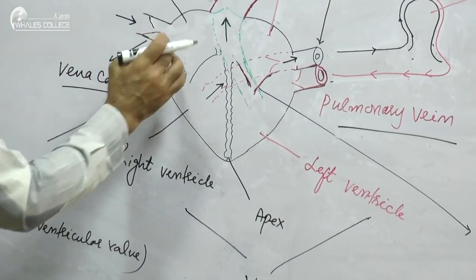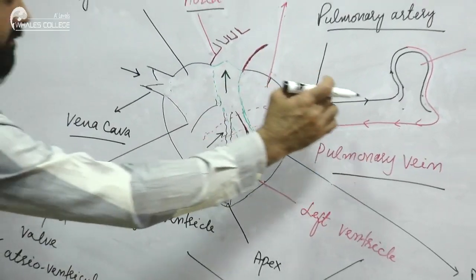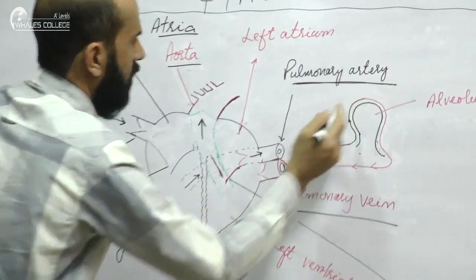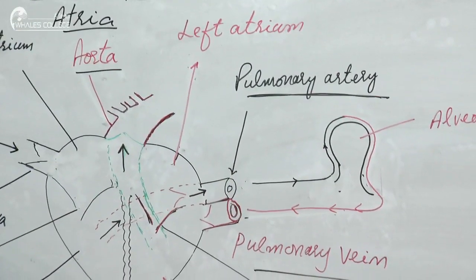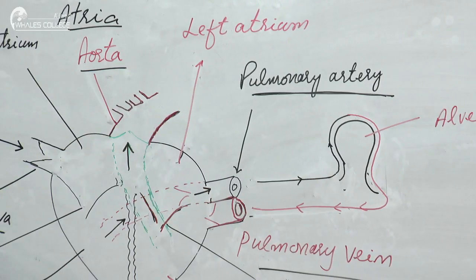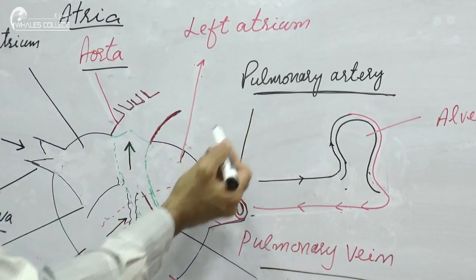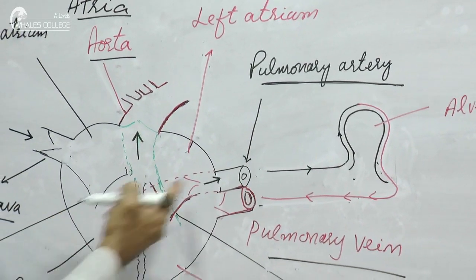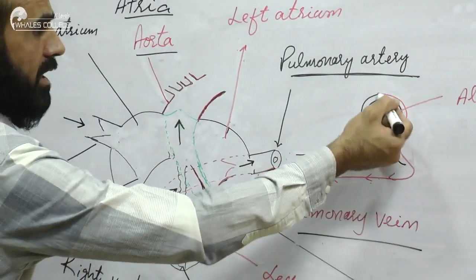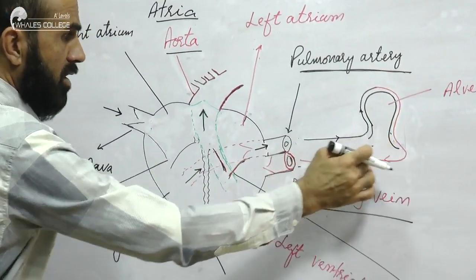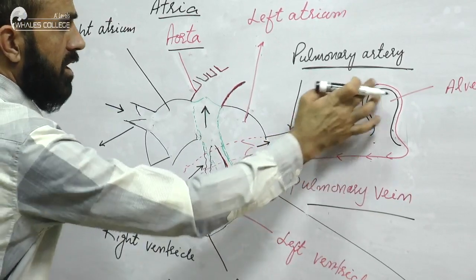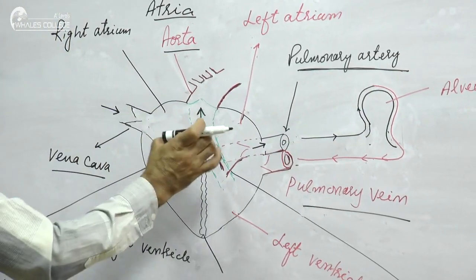So the next one is the pulmonary artery. Which chamber is connected with the pulmonary artery? This pulmonary artery brings deoxygenated blood toward the lungs. Here is the alveolus. The red line shows the oxygenated blood and the black one shows the deoxygenated blood.